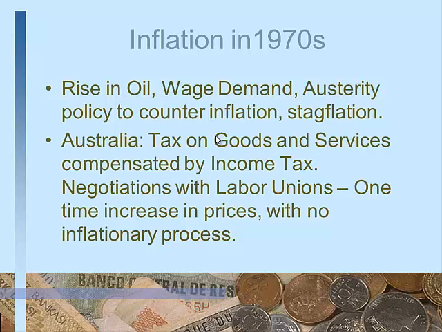In Australia, they created a tax on goods and services. So this countered the inflation, but they also negotiated with labor unions to moderate the wage demands to avoid the conflict that leads to inflation.